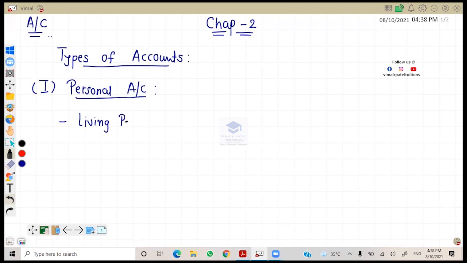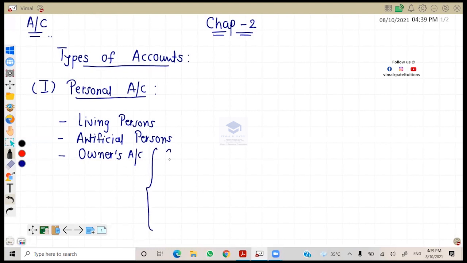living persons, artificial persons, then owner's account. Which will include capital account of owner, whatever brought in by the owner into the business.